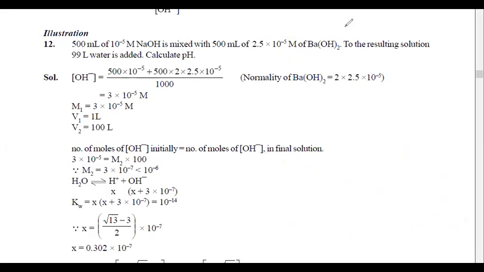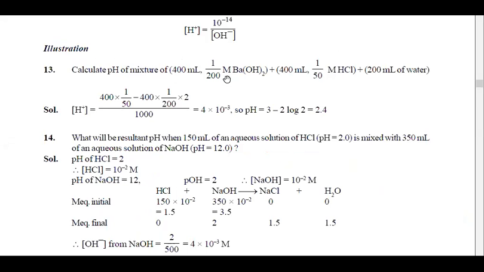Don't worry, you won't be getting many of these kinds of questions. Most of the questions would be like this, where the concentration will not be very low, where you don't have to use the common ion effect.